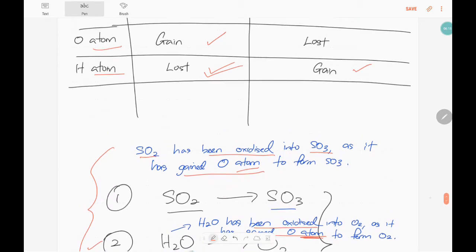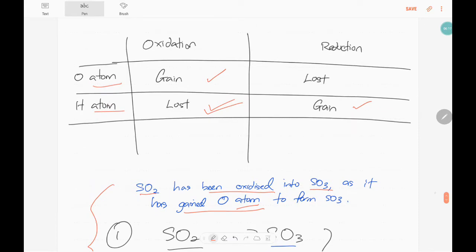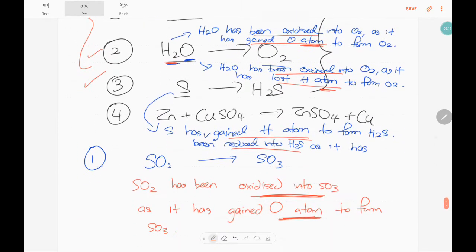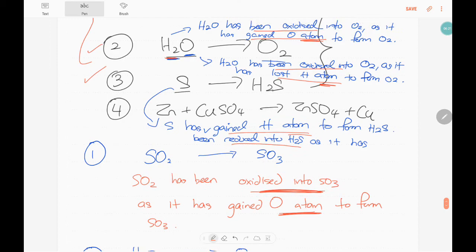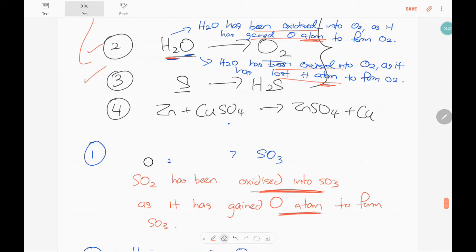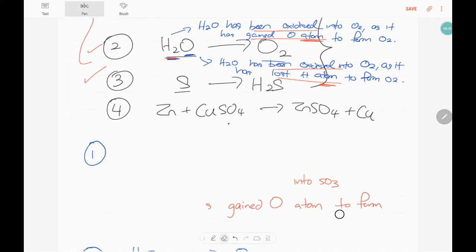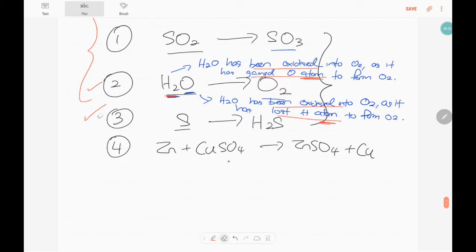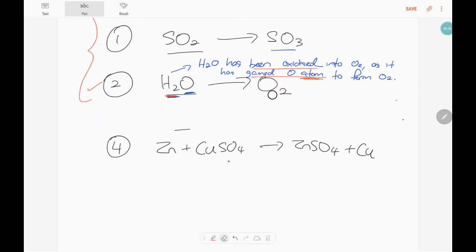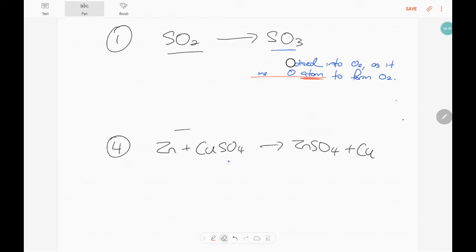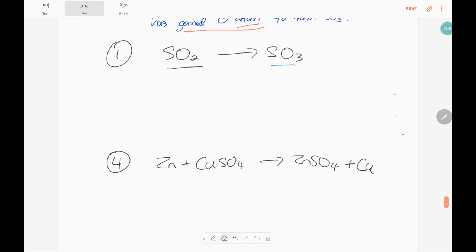Okay, moving on, we have mentioned that these are not the only two definitions that we had. Recall this particular equation, or this type of reaction, reaction number 4, where it is not possible to answer using oxygen or hydrogen atoms because there is no hydrogen atom and there is no oxygen atom for some of the reactions.